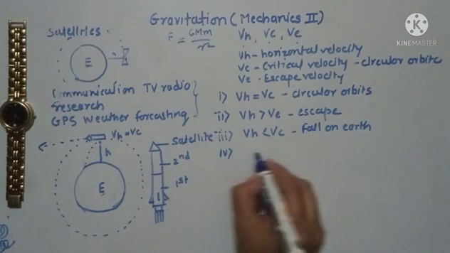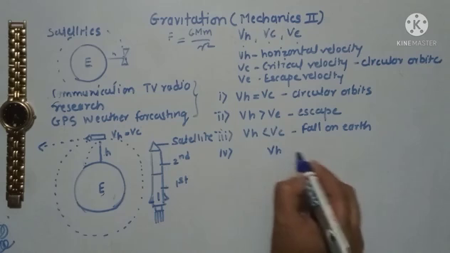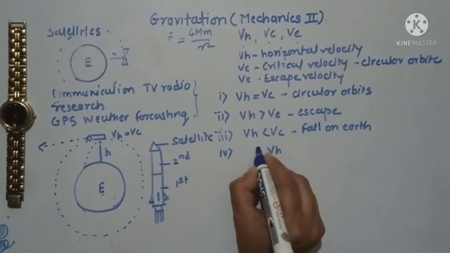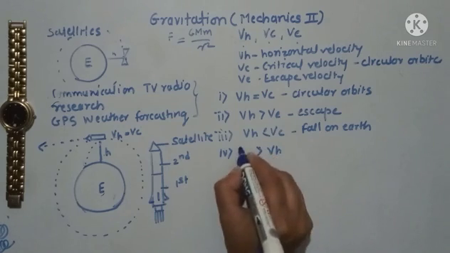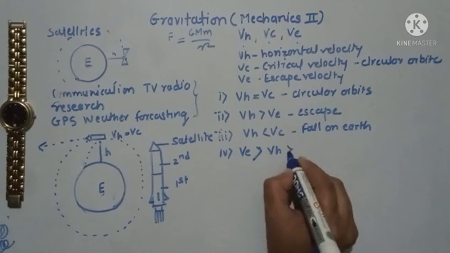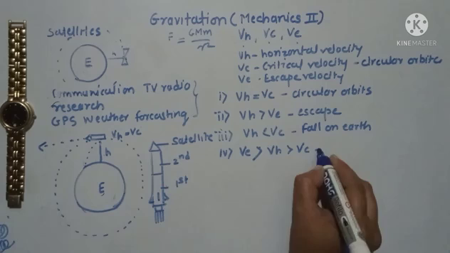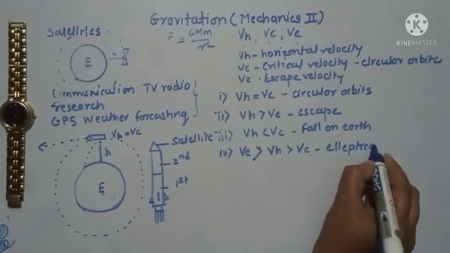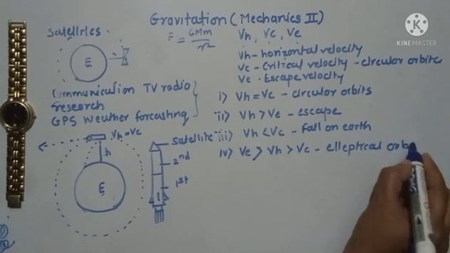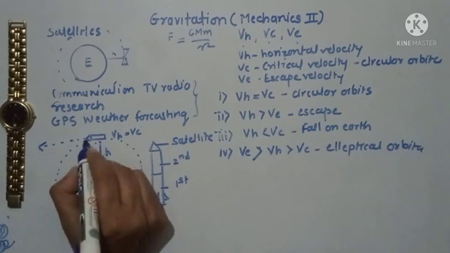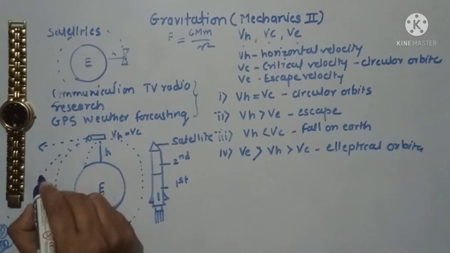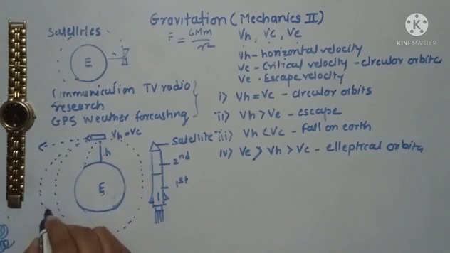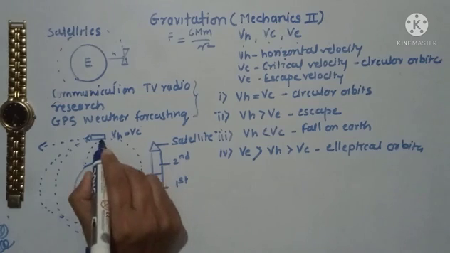And in a fourth case, if this vh is less than this escape velocity, and if it is greater than the critical velocity, it will follow the elliptical orbits. Then at that time, it is possible for the satellite to follow some elliptical orbit around the earth's surface.